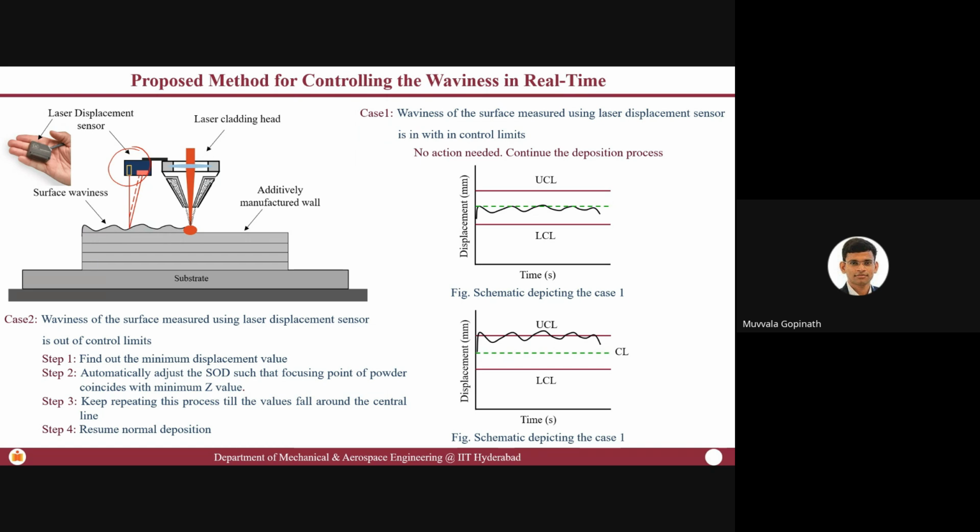Now we will set a control limit to it. If the peak to valley distance crosses a particular value, then you change the SOD in such a way that the distance between the peak and the nozzle tip is lower compared to the focal point, and the distance between the nozzle tip and the valley is higher, so that more deposition takes place.